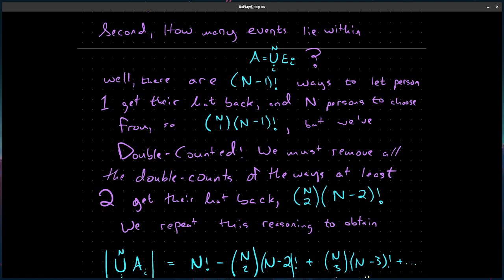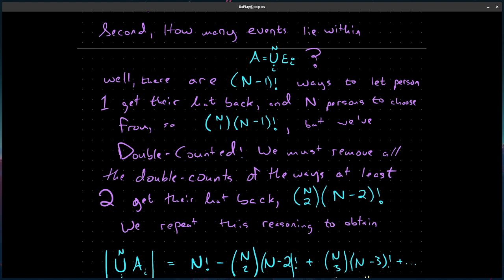And since we could have picked any one person, n choose 1 values, then the total value for exactly one person gets their hat back might seem to be n factorial. But that should be suspicious to some of you. And it turns out that we've double counted a bit.